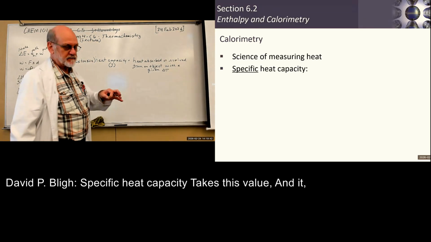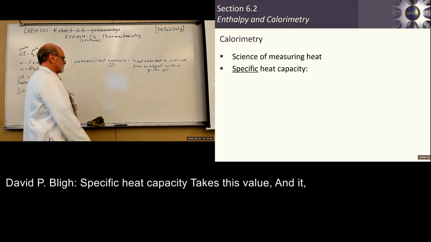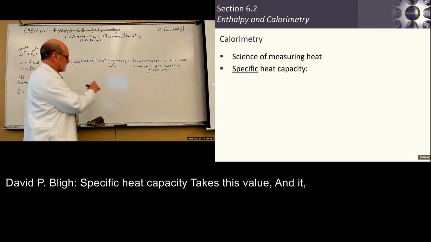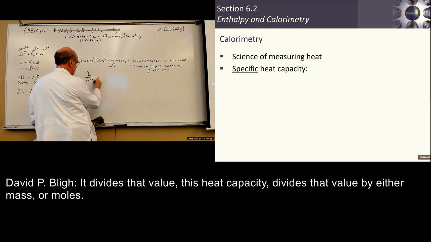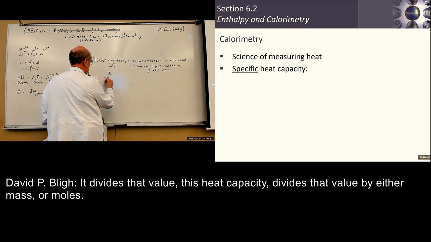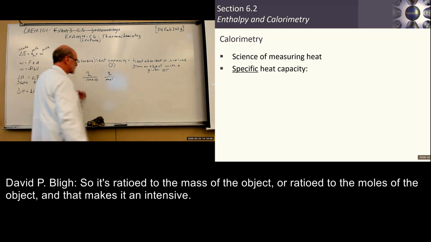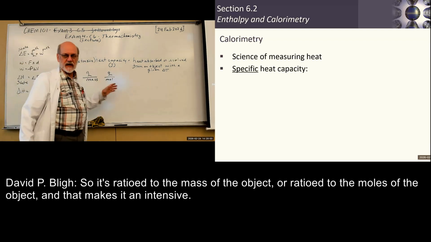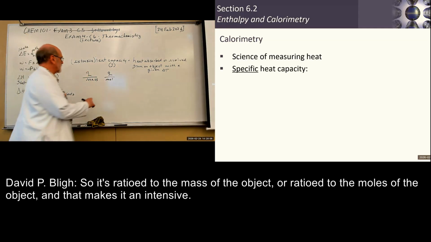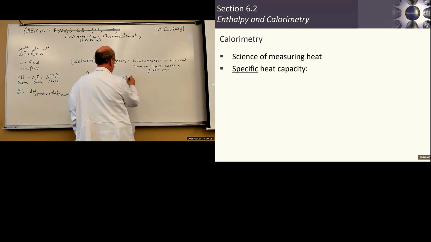Specific heat capacity takes this heat capacity and divides it by either mass or moles. So it's ratioed to the mass of the object or to the moles of the object, and that makes it an intensive property.